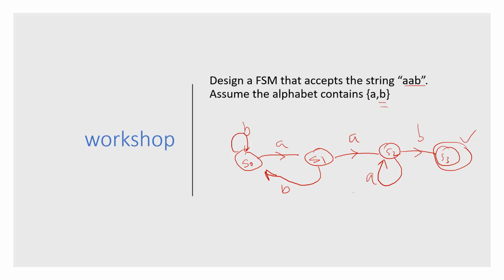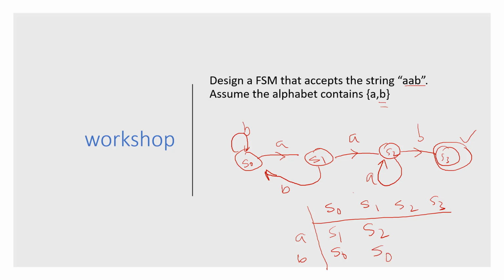Now sometimes people write this machine as a table. So for example, S0, S1, S2, S3, and then define the transition for the alphabet characters A and B. S0 and A should go to S1, S0 and B should stay in S0, S1 and A should go to S2, S1 and B should go back to S0.